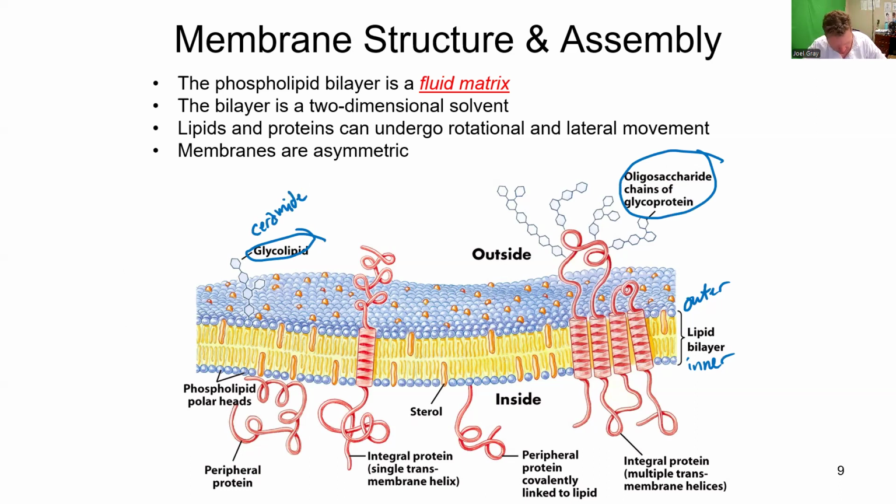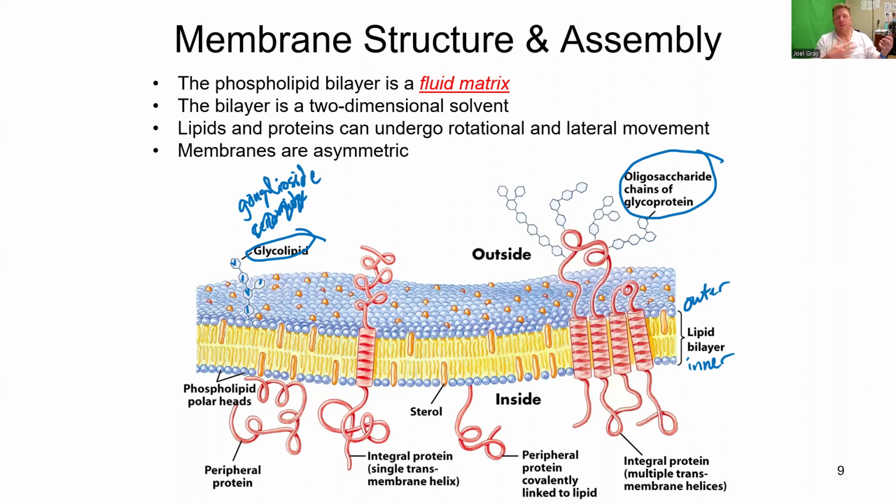A ganglioside consists of five sugars, one of those being sialic acid, and that's linked to a hydrocarbon chain that is embedded into the membrane.